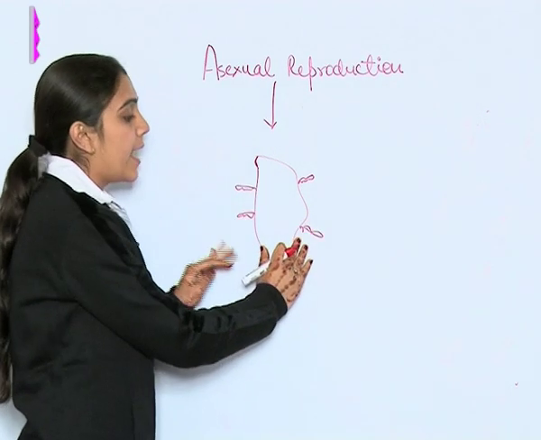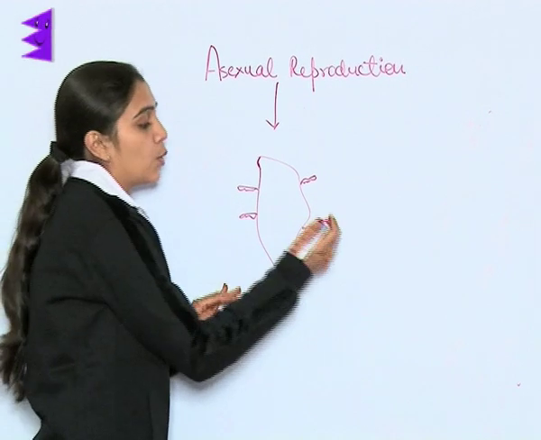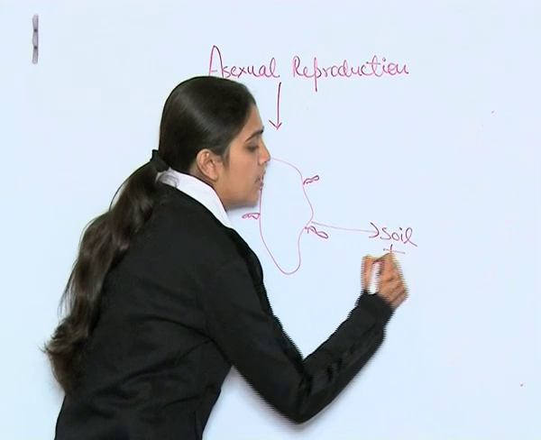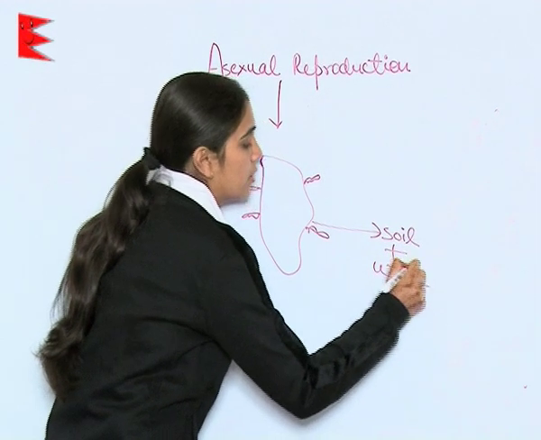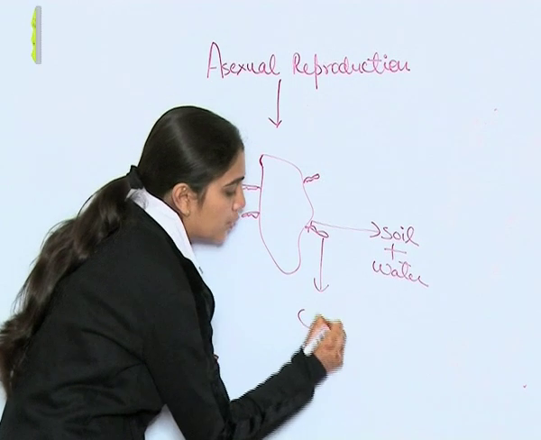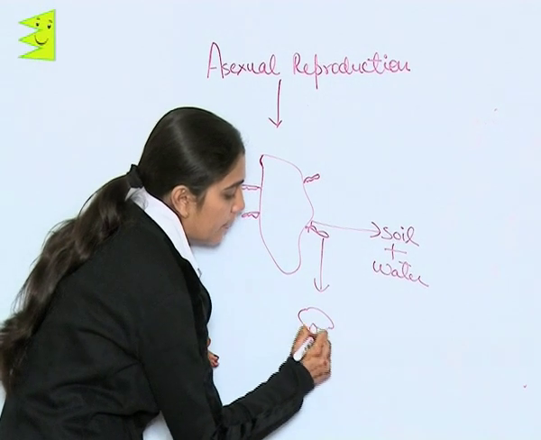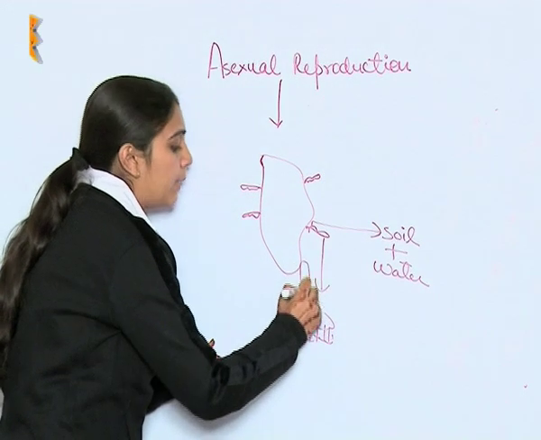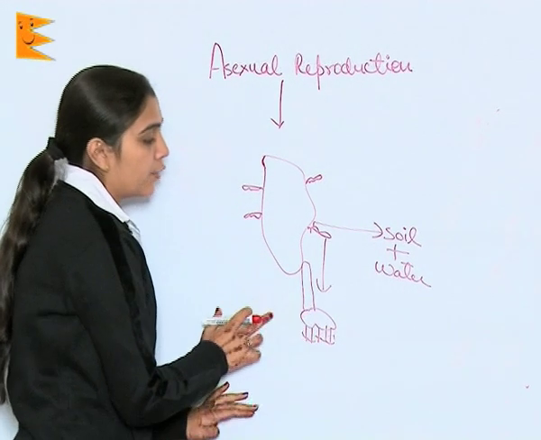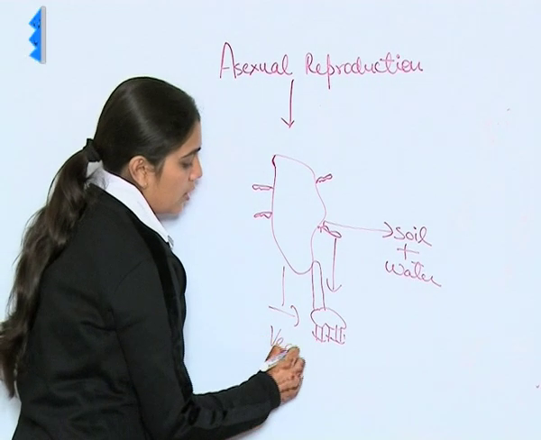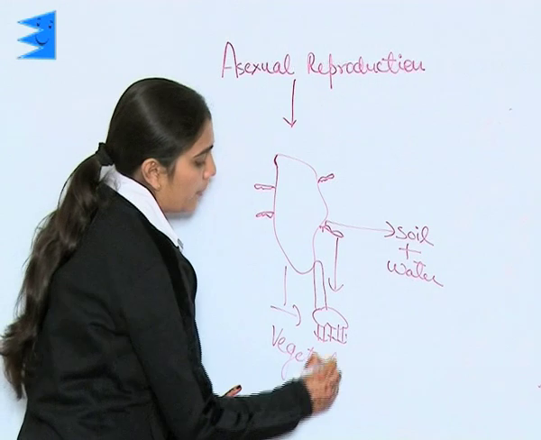Now, as soon as these nodes come in contact with soil plus water, they tend to outgrow roots. Once roots are formed, a whole new plantlet is generated from this node. So, this is the method of vegetative propagation.